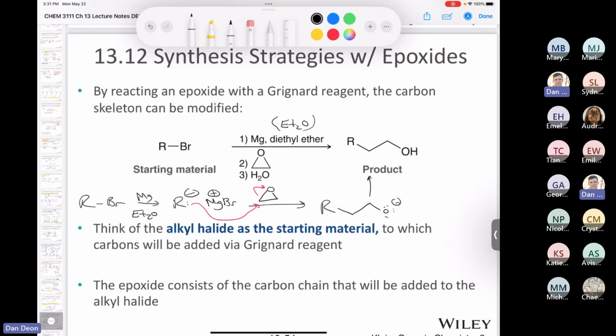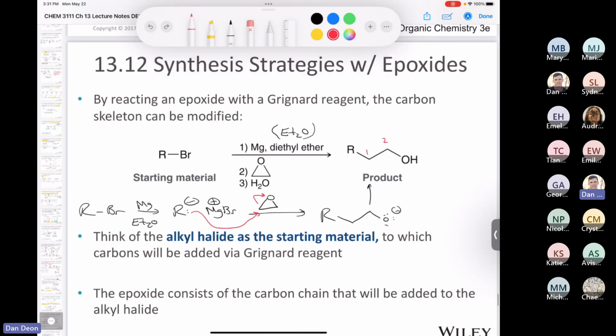And so if you see two carbons and then an alcohol, and of course we just have an R group here, you would want to think about doing a Grignard synthesis like this. So the epoxide consists of a carbon chain that will be added to the alkyl halide. And this is something that we look at quite a bit. I think there's a few practice problems at the end of the chapter that deal with this kind of synthesis.